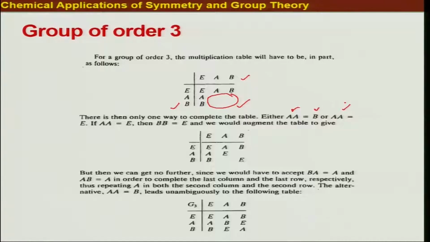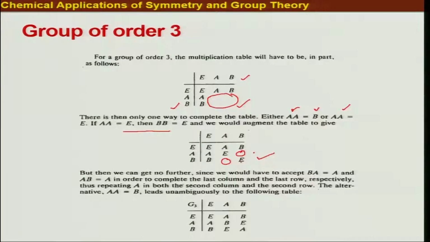That's implied, and if we follow this argument, we get up to this, where I have AA equals E and then BB gives E. Then I have to fill up this part. We are left with a choice for these two products, BA and AB.